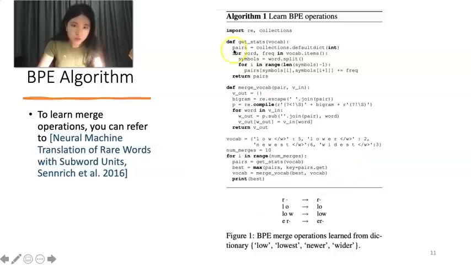For example, according to this algorithm here, you can have a rule of L and O become "lo" and "lo" and W become "low," and so on and so forth. And this is how you get your BPE merge operations learned from your dictionary of words with their corresponding frequencies in your vocabulary. And to learn more about merge operations, you can refer to this great paper, Neural Machine Translation of Rare Words with Subword Units.